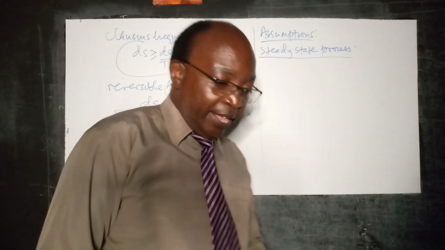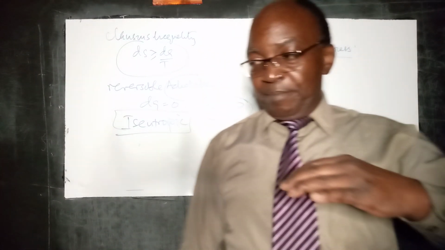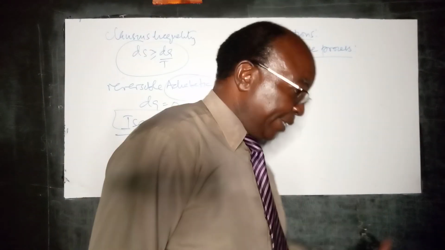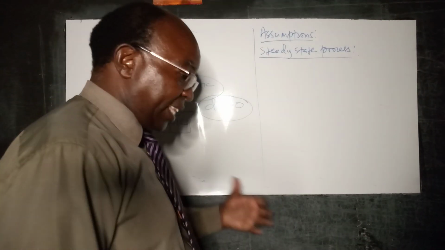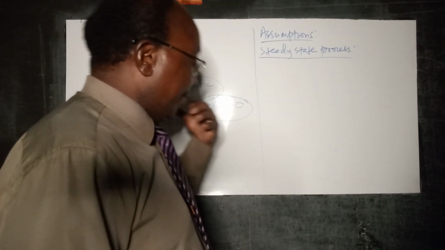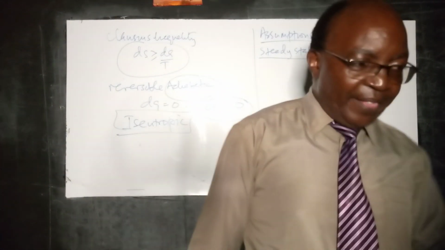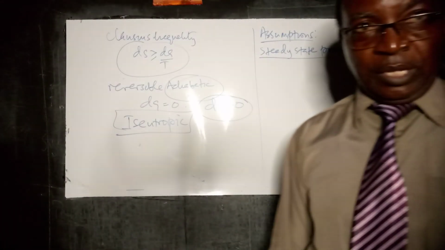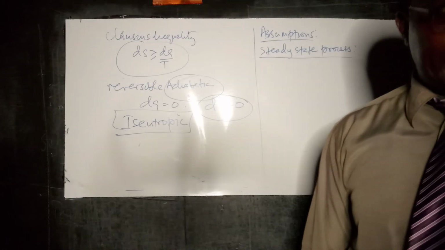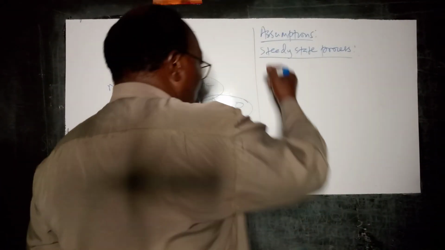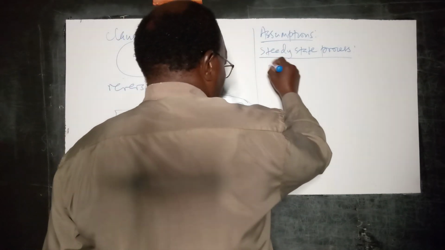That means the mass flow rate is constant and the velocity throughout all sections is constant. What is the import of that? That means there's no accumulation of energy in the system. So we assume the mass flow rate is constant.